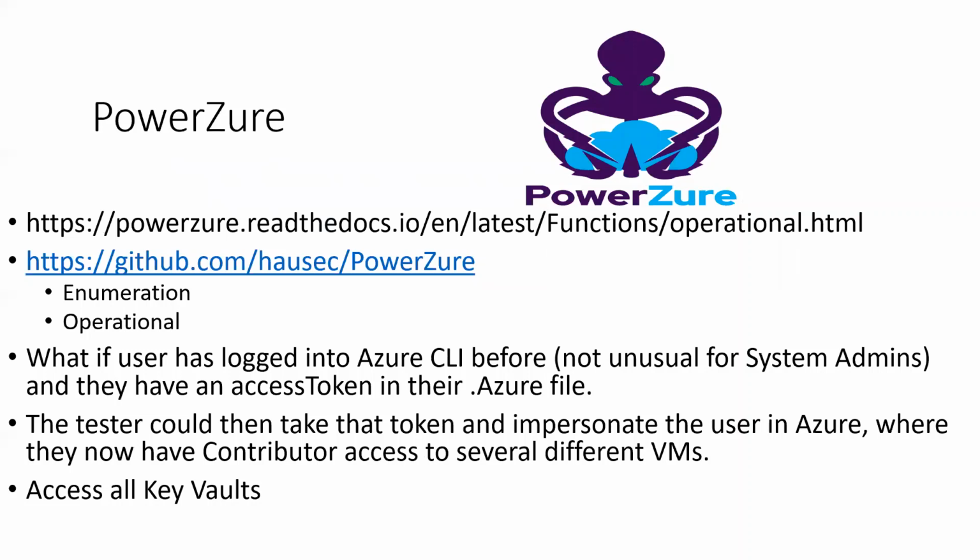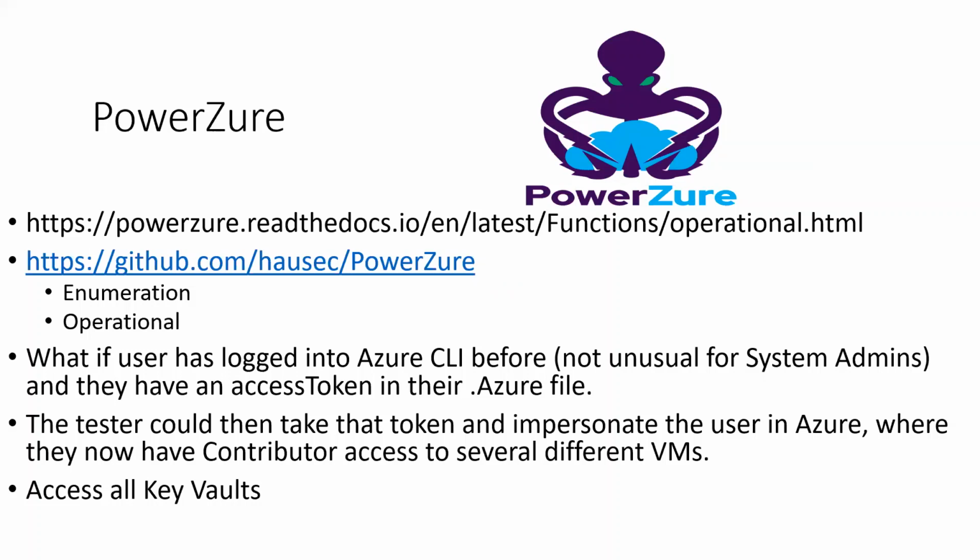There's another tool called PowerZure, which also has a ton of functionality for enumerating and interacting with Azure resources. And it's very simple to use. All you need is an access token in the .azure file, and then using the access token, they can get in, do enumeration, change resources, all kinds of stuff.